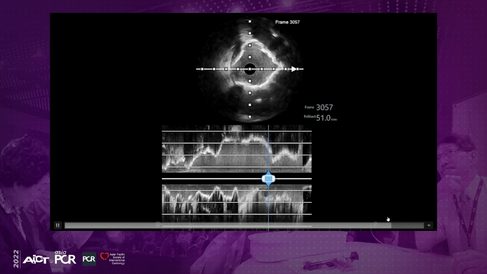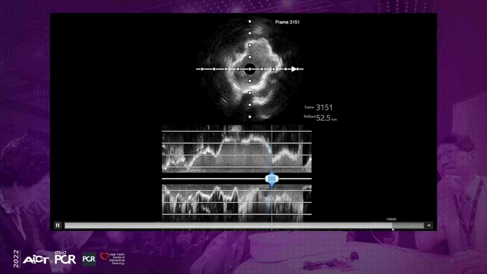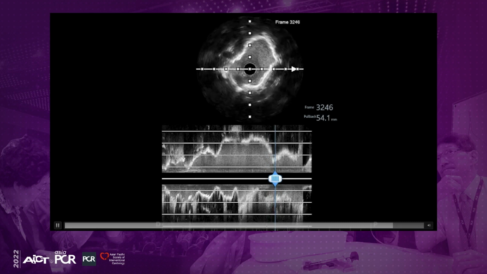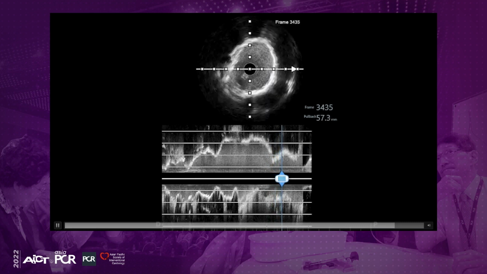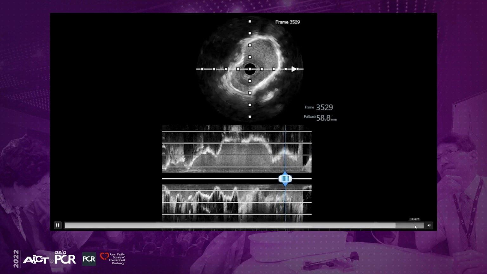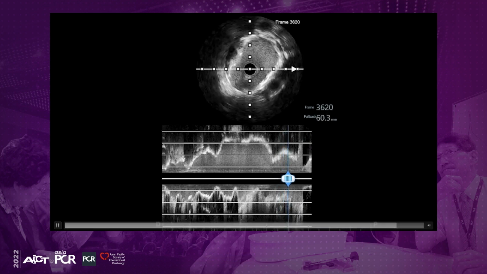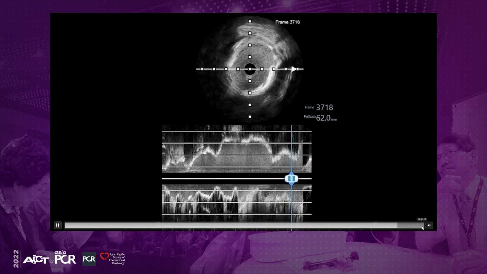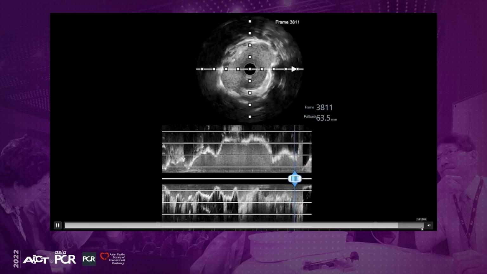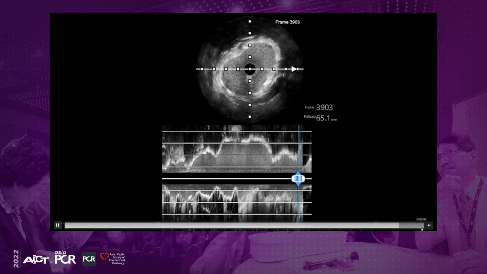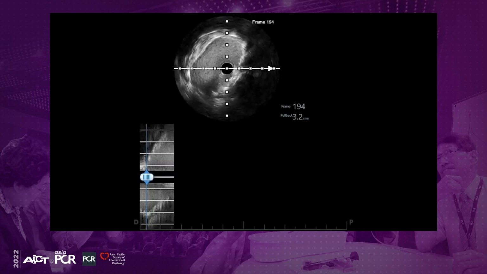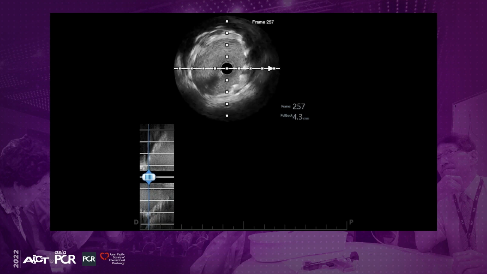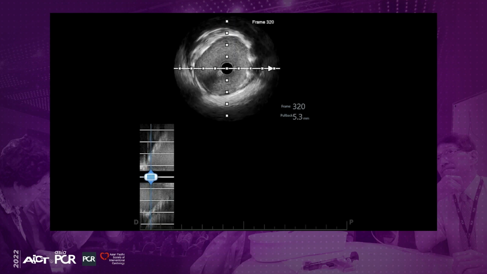So we're coming back proximally now. That was across the aneurysmal segment, and this is the proximal LAD. Yep, and this is also the proximal LAD, because it was a very long lesion.